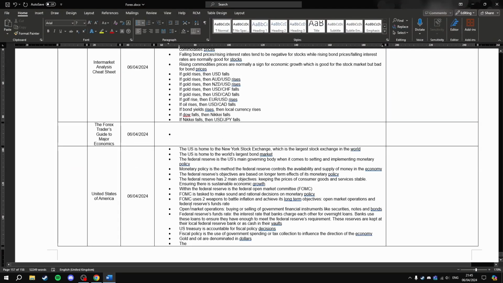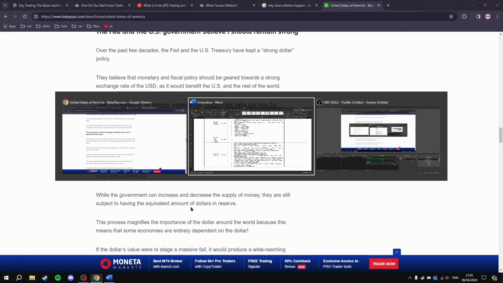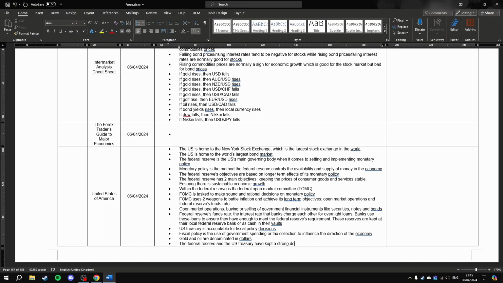The Federal Reserve and the US Treasury have kept a strong dollar policy.